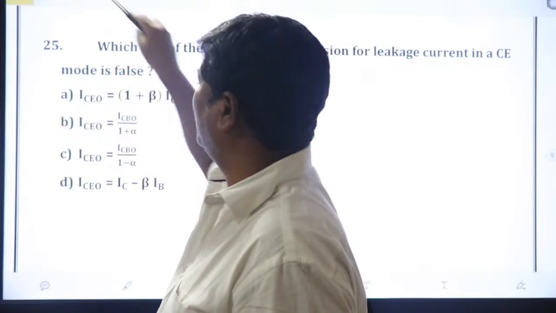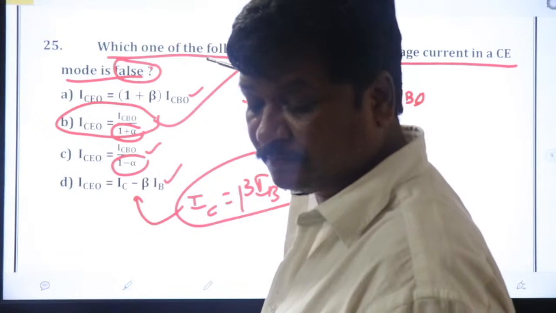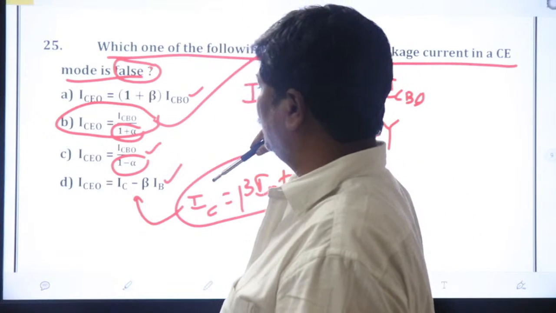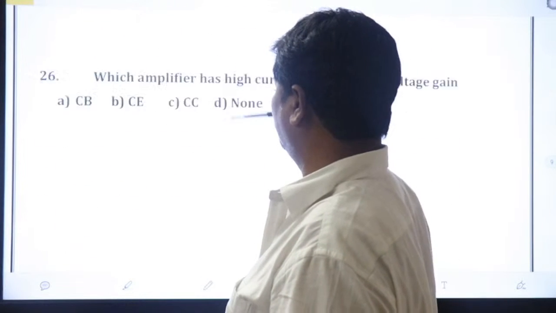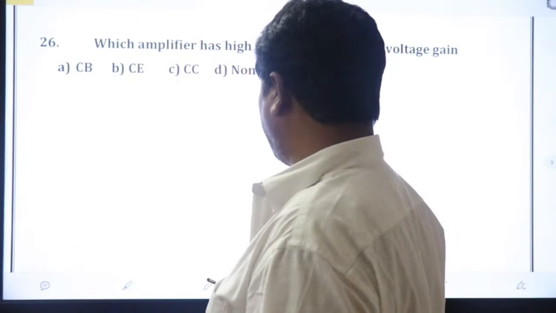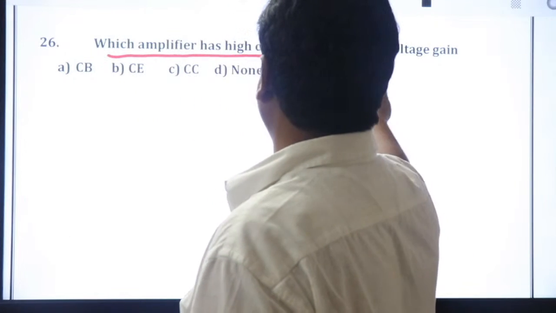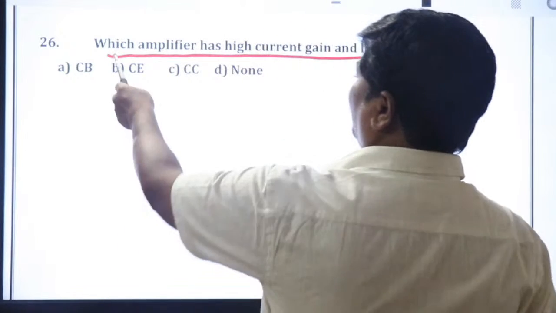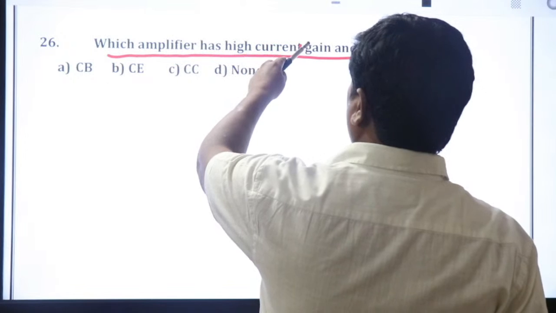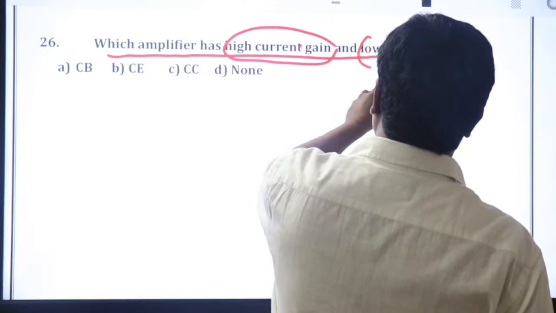Next. Be careful about this type of questions. Which amplifier has the high current gain and low voltage gain?